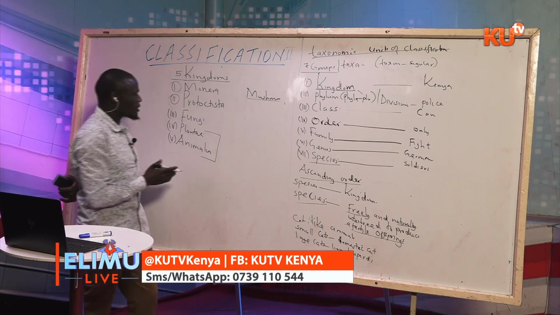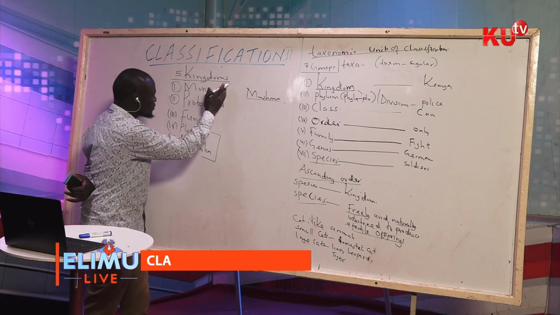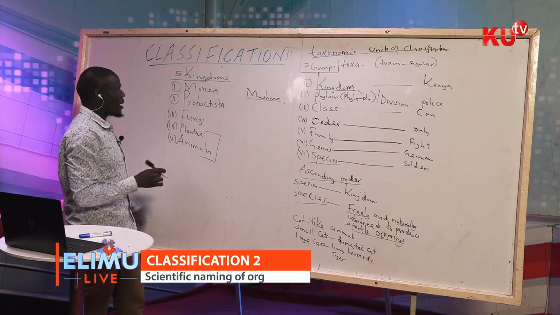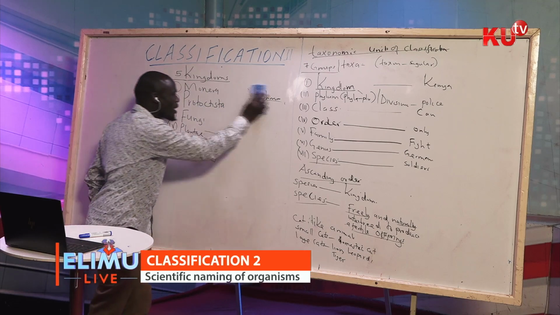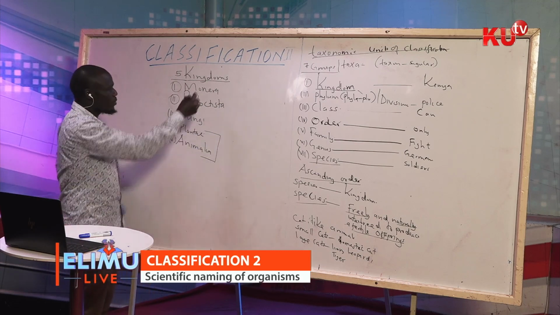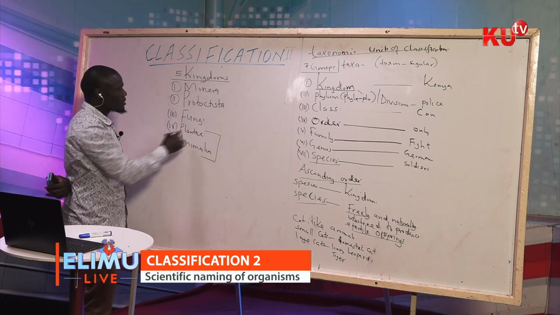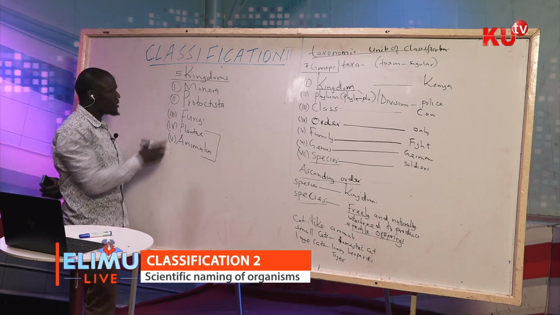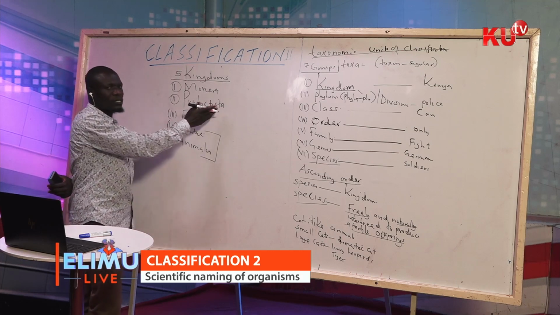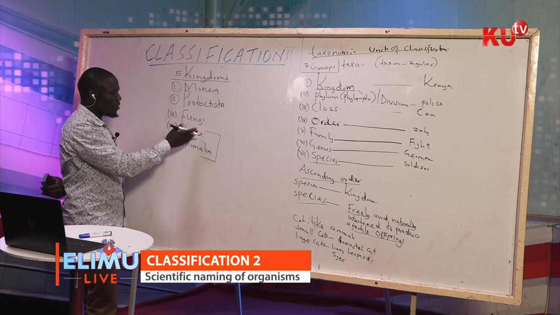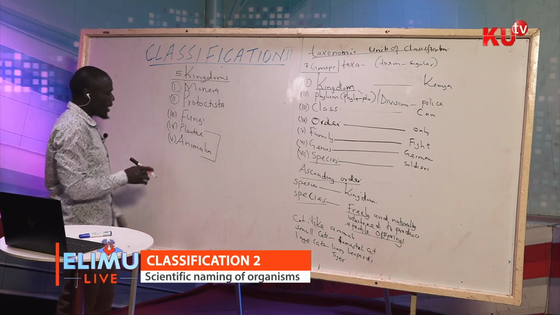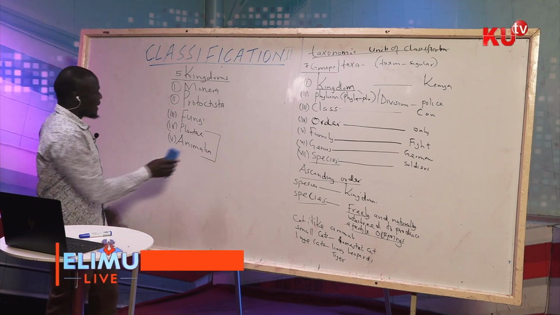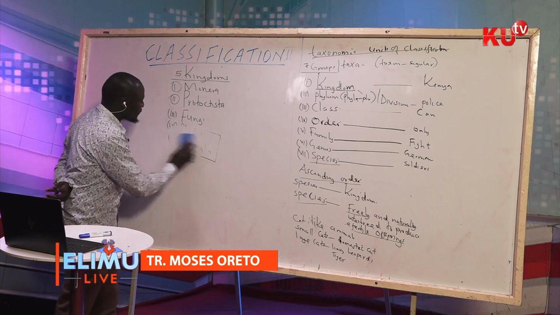Those are some of the reasons that led these people to come up with other kingdoms. That is why today in the modern classification we have these 5 kingdoms: Kingdom Monera, Kingdom Protoctista, Kingdom Fungi, Kingdom Plantae, and Kingdom Animalia. So I want to start with the first kingdom.